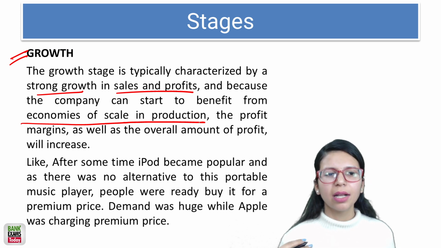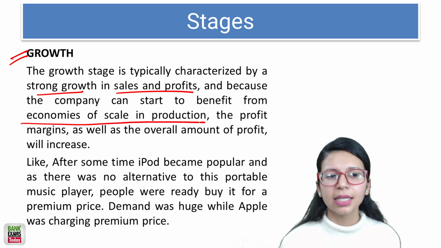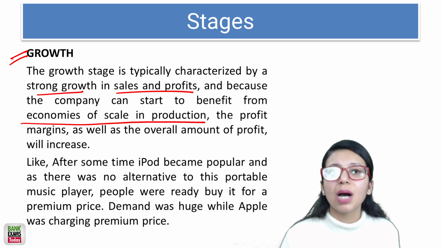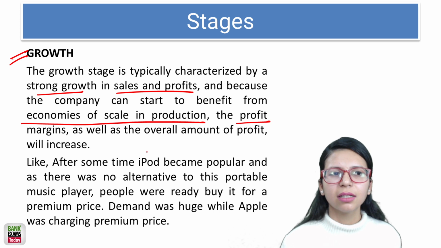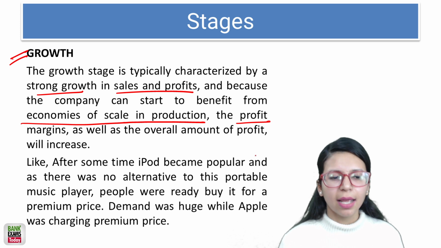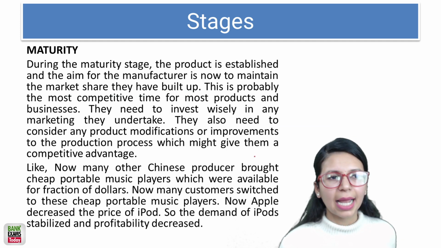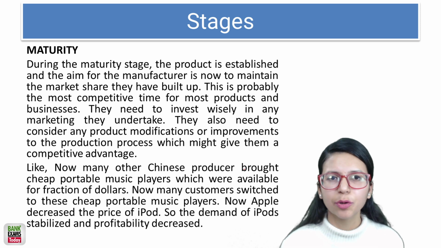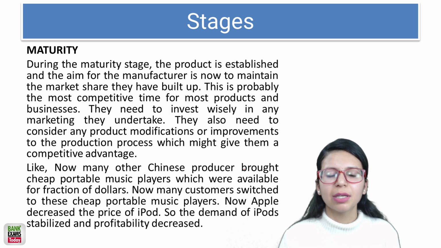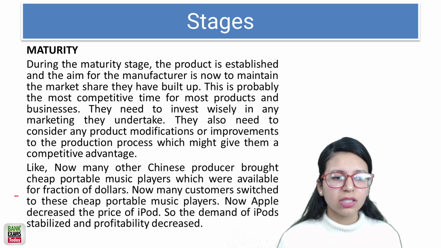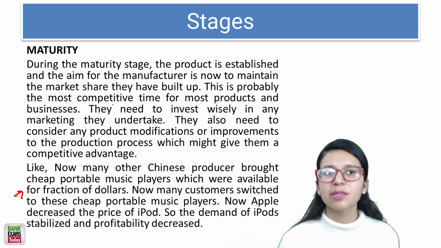That is, when you are producing in large quantities, the cost becomes very low because of that, and the profit margins increase. Similarly, after the growth of these iPods, when they became popular, there came a time when Chinese producers came into the market and started selling cheap iPods or portable music players at a very low price.